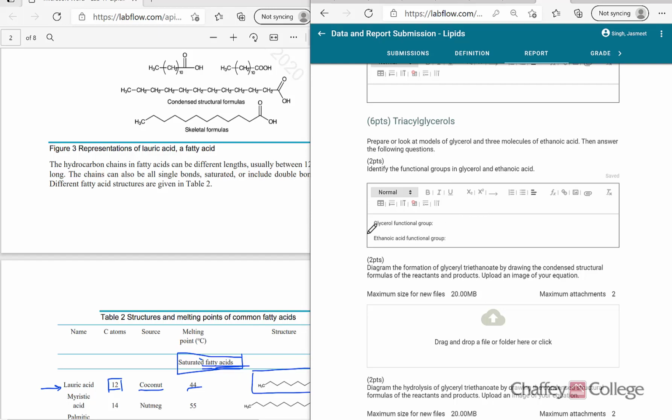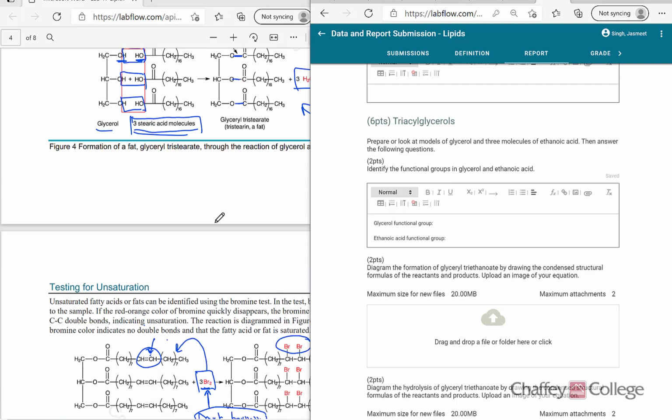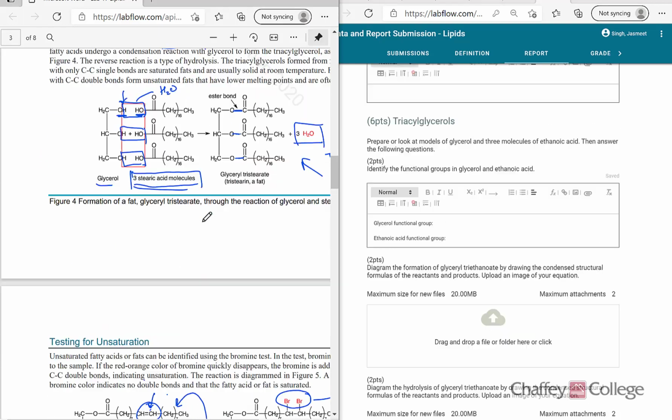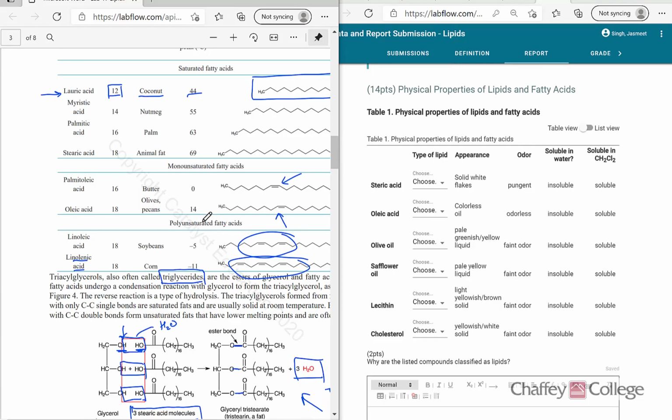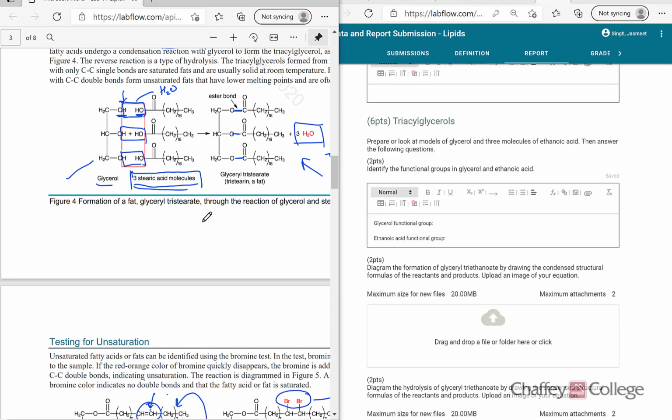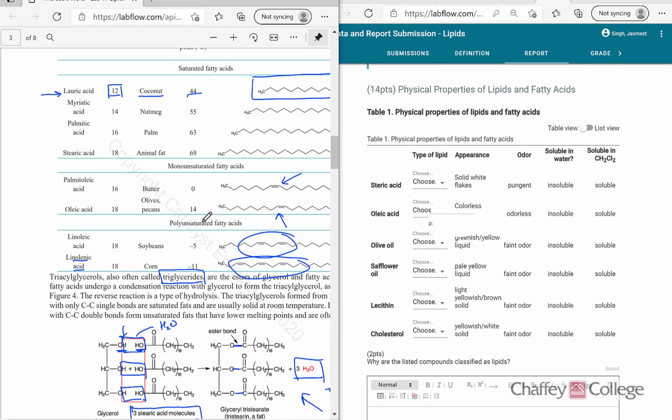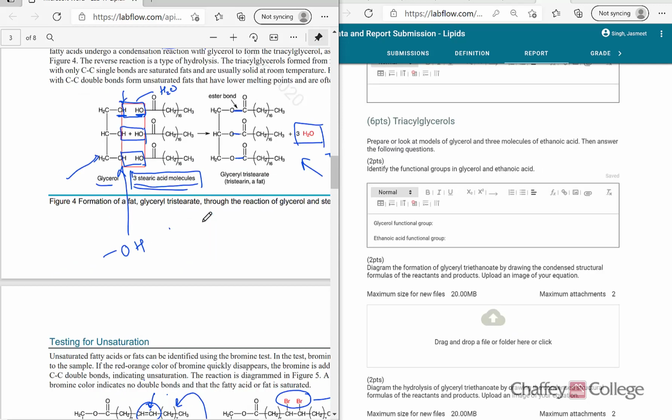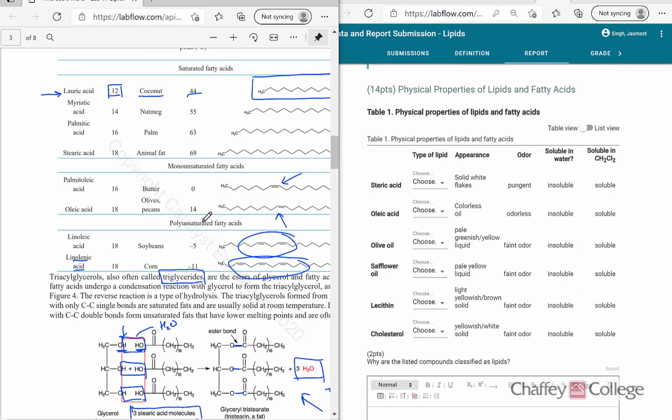If you look at the structure of glycerol, which is given here, its functional group is OH. So you need to write the name of this OH functional group.